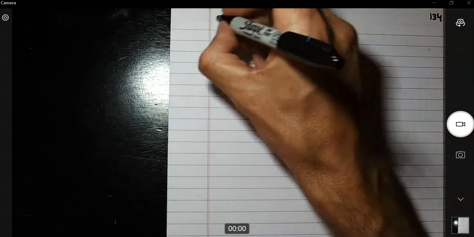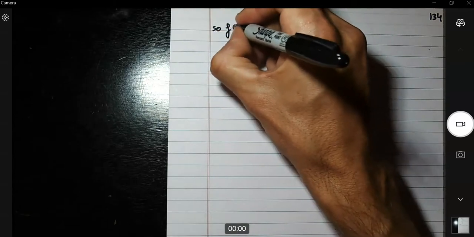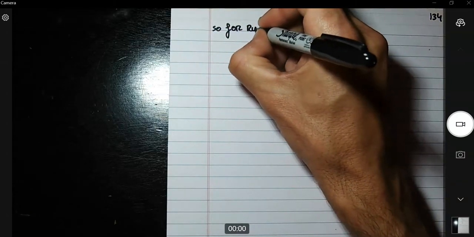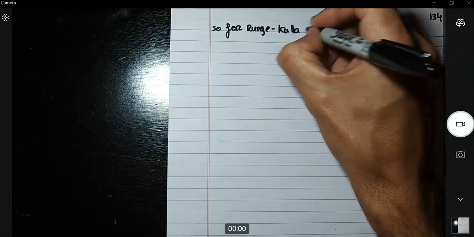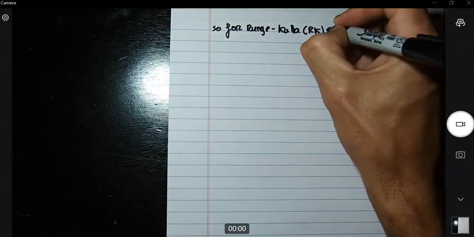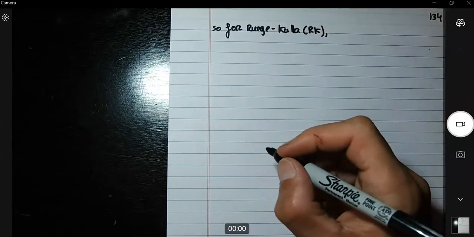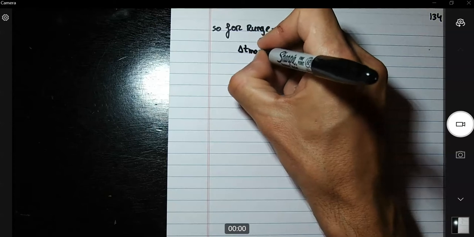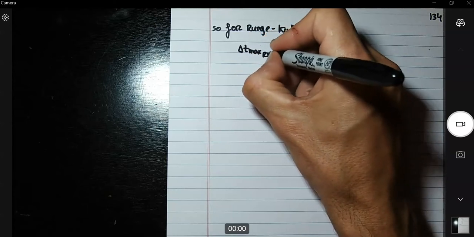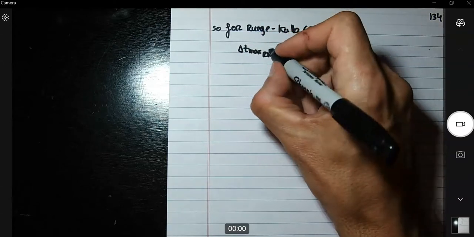I'll go back in black. So for Runge-Kutta, which is what I've been calling RK, we're going to have that the delta T max for Runge-Kutta will be what?